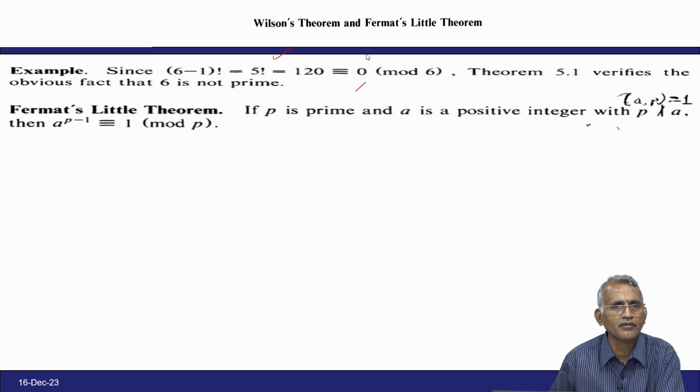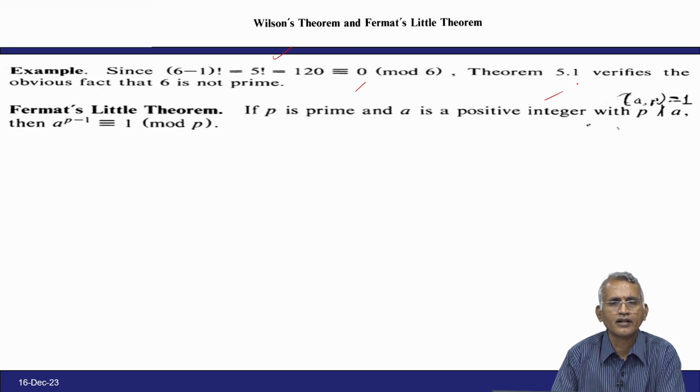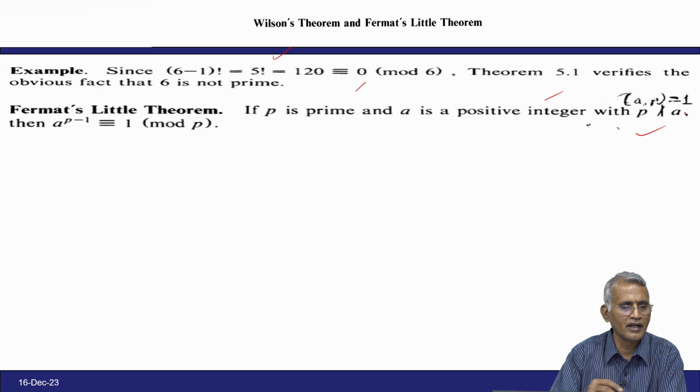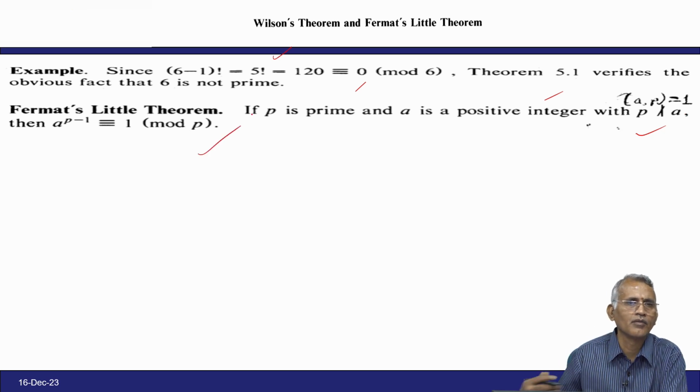If p is a prime and a is a positive integer, that is, the GCD of a and p is 1 and p does not divide a, then a to the power p minus 1 is congruent to 1 modulo p.